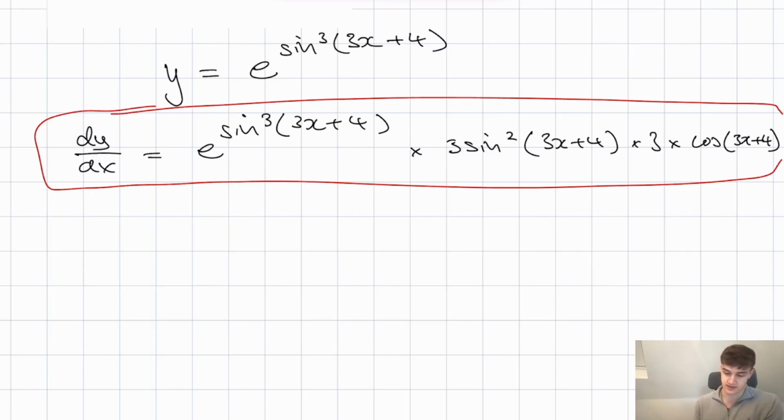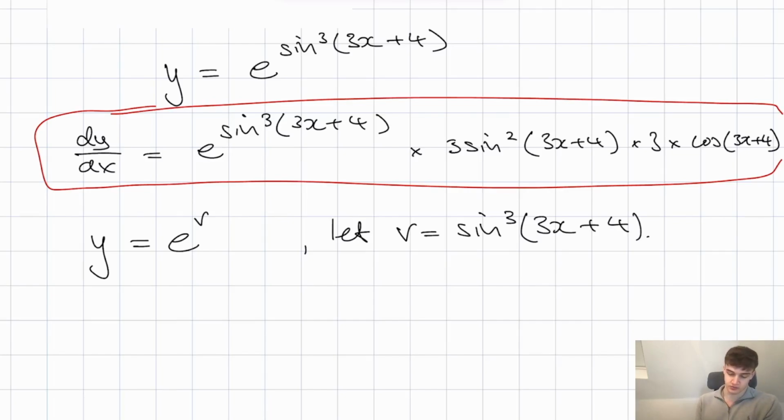So let's say that y is equal to e to the v. So let's say v is equal to sine cubed of 3x plus 4.